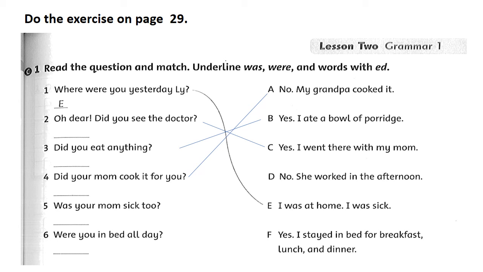Was your mom sick too? No, she worked in the afternoon. And the last question. Were you in bed all day? Yes, I stayed in bed for breakfast, lunch, and dinner. Now let's move to the next exercise.